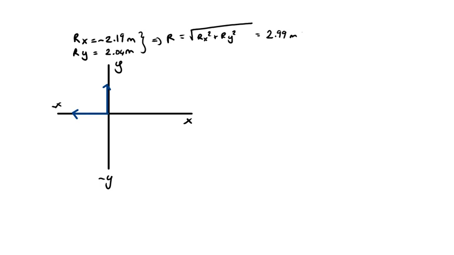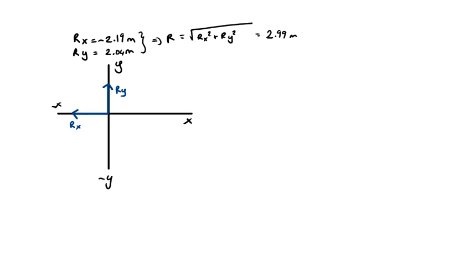My Rx is negative, means it starts from the origin and it goes to the left. And my Ry is positive, so it starts from Y, goes upward. Lengths are close to each other, so overall I'm drawing them close to each other. It doesn't have to be perfectly correct here.